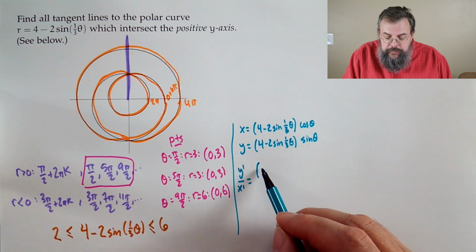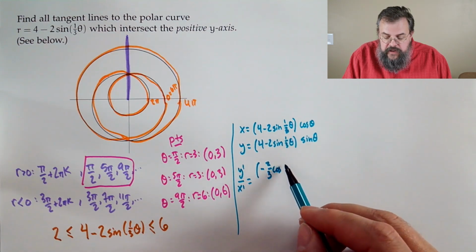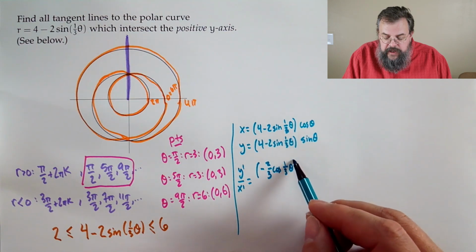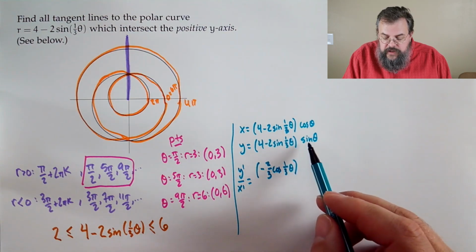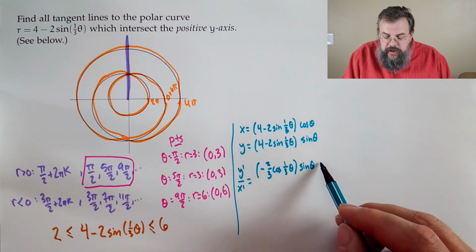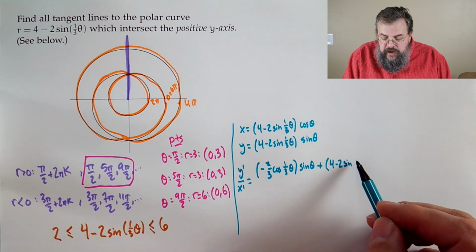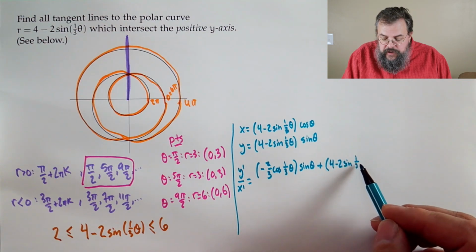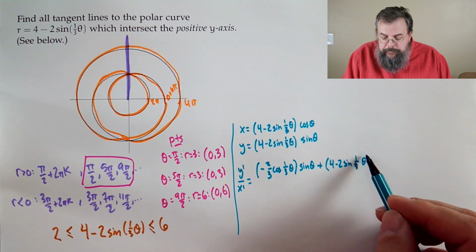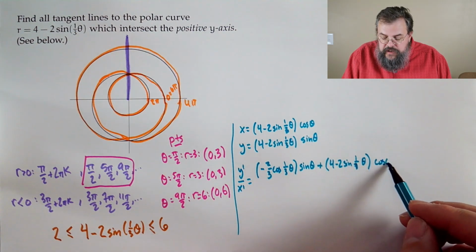So this would be minus 2/3 cosine of 1/3 theta. So that's derivative of the first times the second, sine, plus the first, 4 minus 2 sine of 1/3 theta, times the derivative of sine, which is cosine.